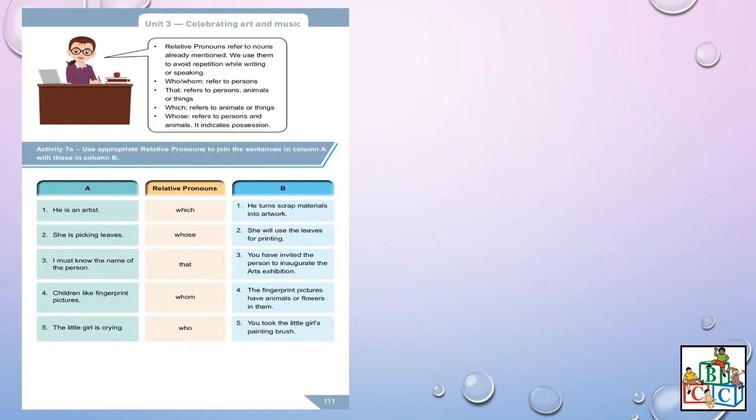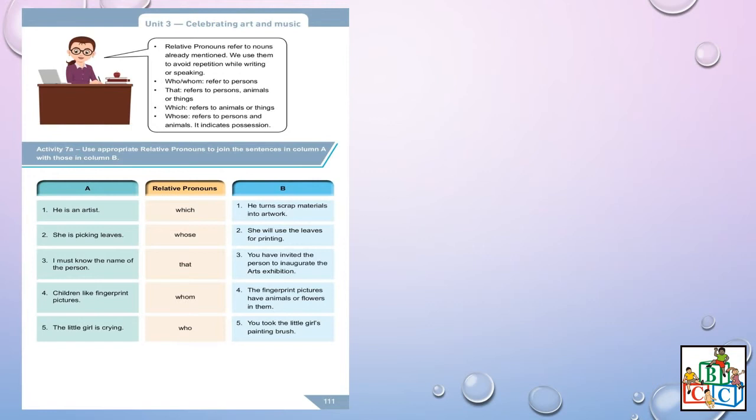Use appropriate relative pronouns to join the sentences in column A with those in column B. In column A and column B, you have the sentences, you have the relative pronouns, which you have to link with the sentence. Sentence A, number 1, he is an artist.